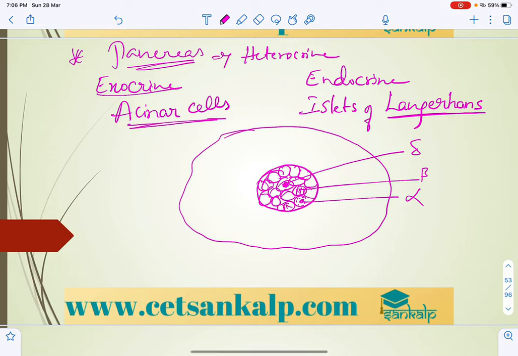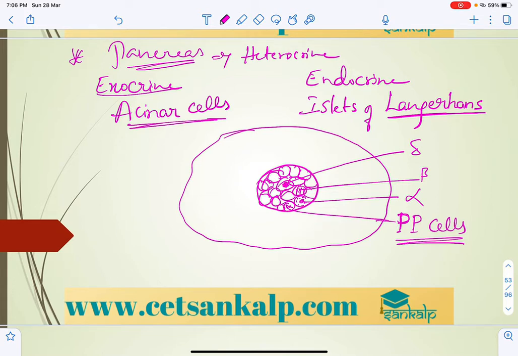And one more type, that is pancreatic peptide cells, the PP cells, which play a major role in the production of pancreatic peptide.